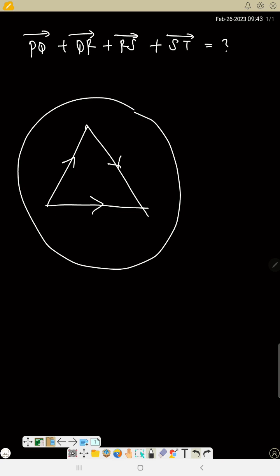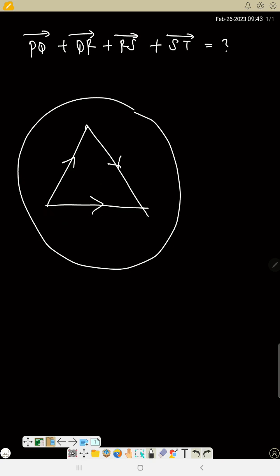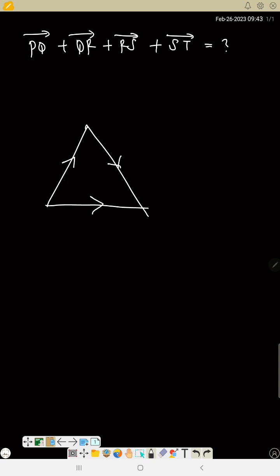Now if you look at this order, one is going this way, one is coming this way, so instead of it to continue this way, it is now this way. That means this line is the resultant of this triangle. So merely looking at it, you can know which one is the resultant. If the order changes, then the one that changes is the resultant.